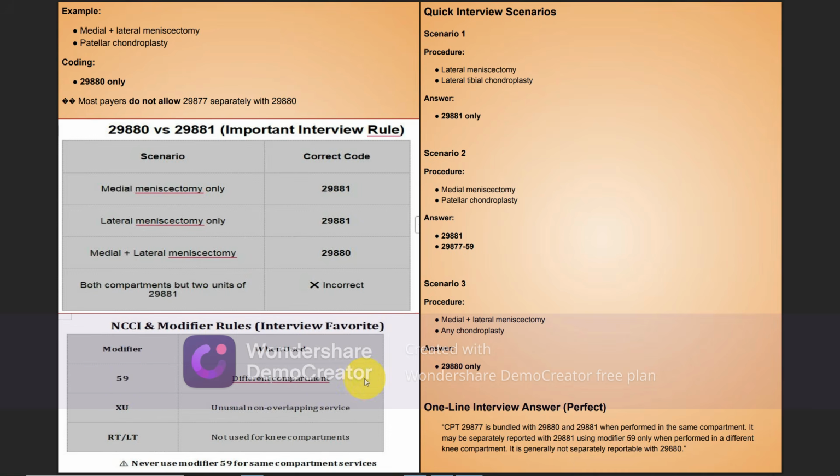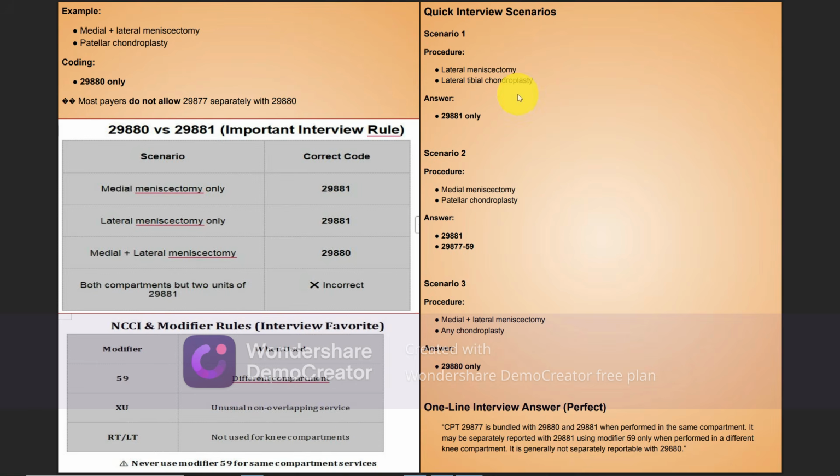When a different compartment is performed, we use the 59 modifier. XU is only for unusual non-overlapping services. It is used when Medicare providers are not accepting 59; then we use XU for the same purpose. LT and RT are not used for knee compartments. Never use modifier 59 for same-compartment services.